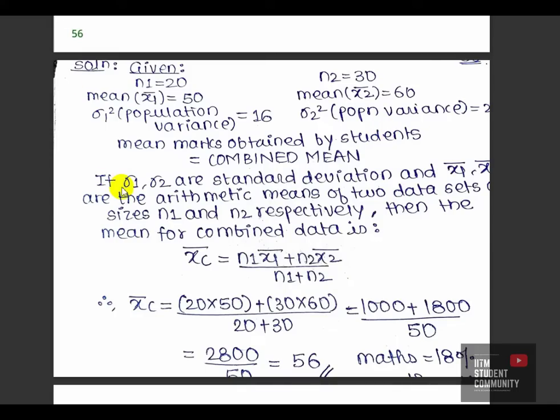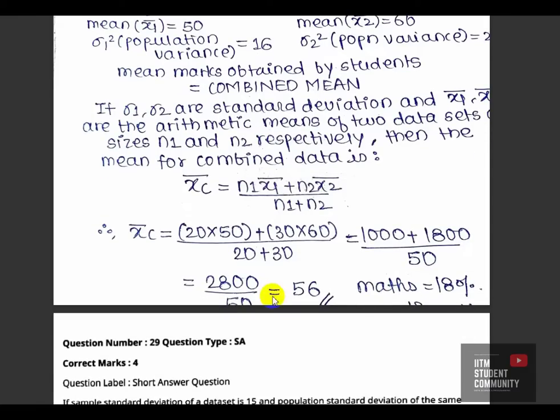Now here you can see that the formula for combined mean is n1 x1 bar plus n2 x2 bar the whole upon n1 plus n2, where x1, x2 are the means, n1 and n2 are the number of population, and sigma 1 square and sigma 2 square are the population variance. We put the given values from the question in the formula. We get the answer, that is combined mean to be 56.